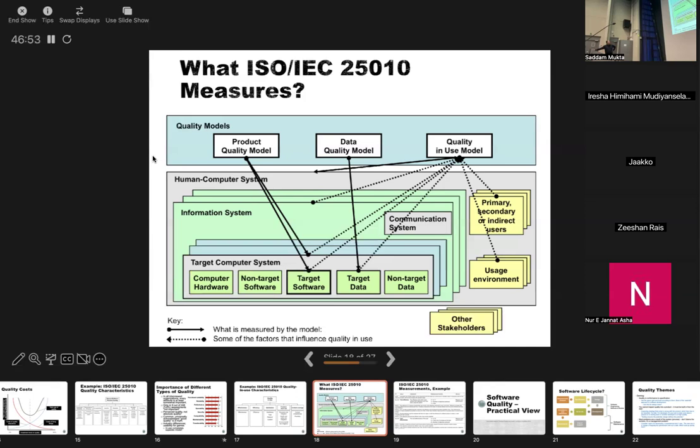And the data quality model: data is very important in any ecosystem, because data is the core of any architecture, any ecosystem or software. For example, in our organization we may have to find out who are the high performer users in terms of obtaining or managing different projects last year.